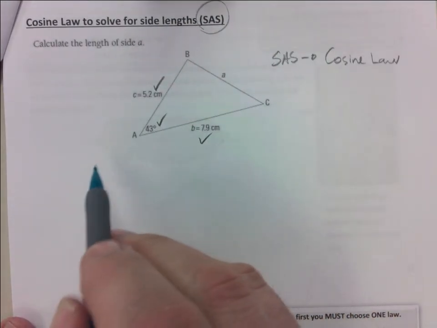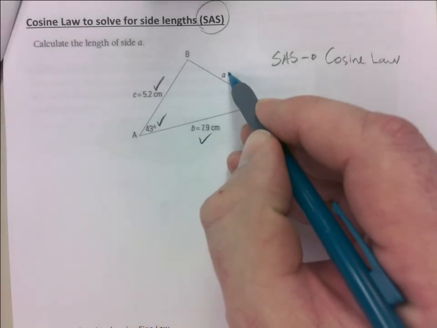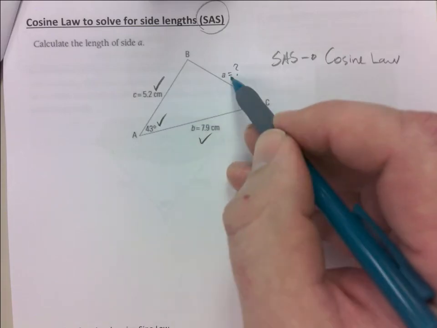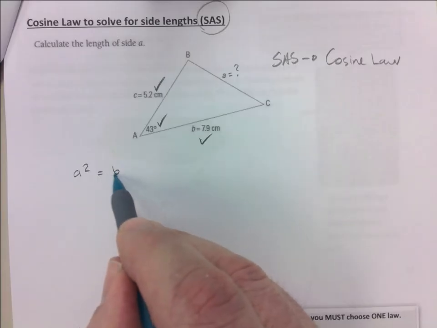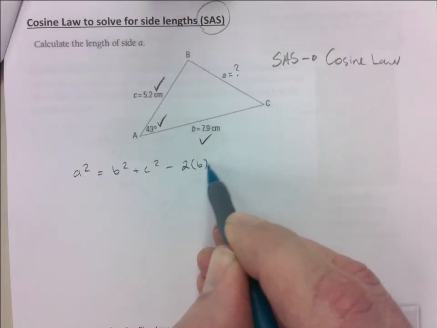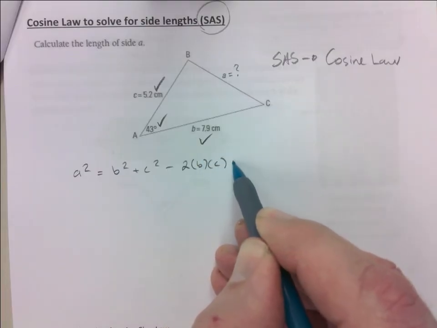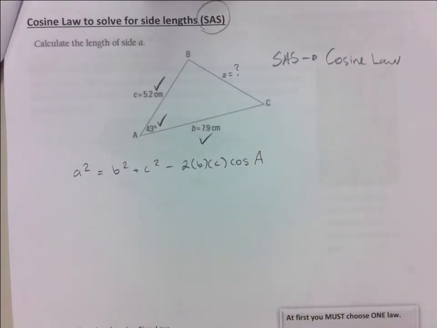Let's set it up. I will write out the formula using letters first. This is the only side I can solve for here. So it's a squared is equal to b squared plus c squared minus 2 times b times c times cosine of, in this case, angle A.